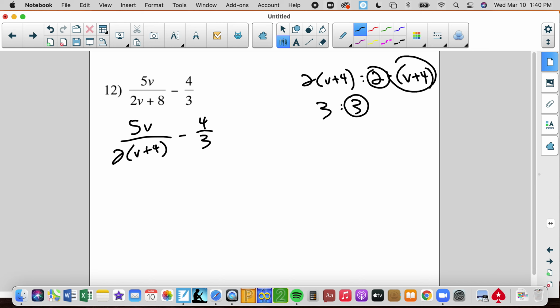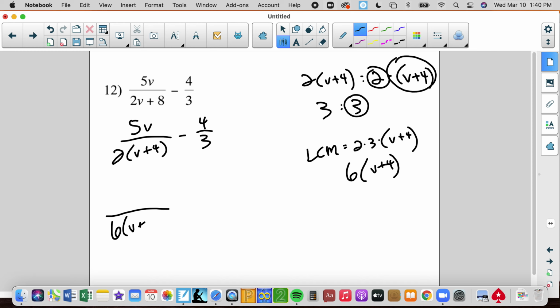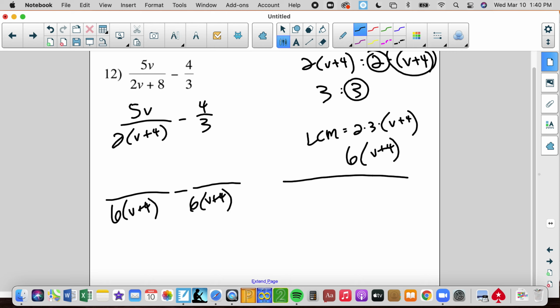Everything is leftovers, nothing in common, so you get 2 times 3 times v plus 4, or 6 times the quantity v plus 4 is your common denominator. Another subtraction. All right, equivalencies. So 5v over 2 times v plus 4 equals what over 6 times v plus 4.